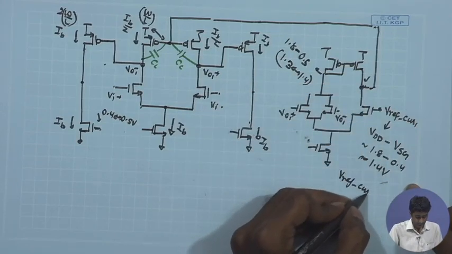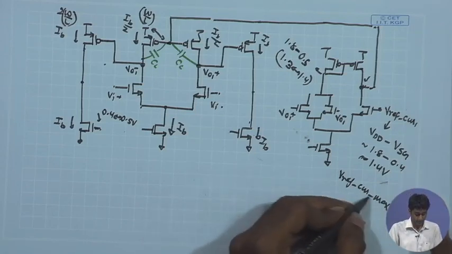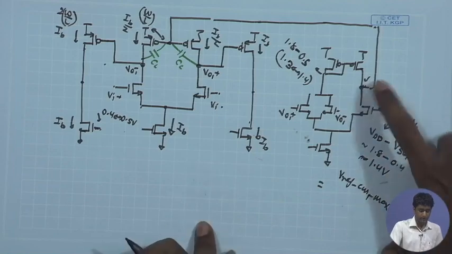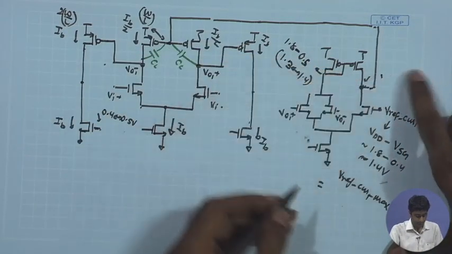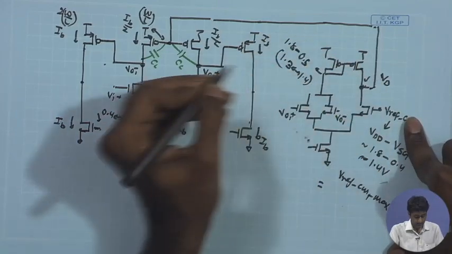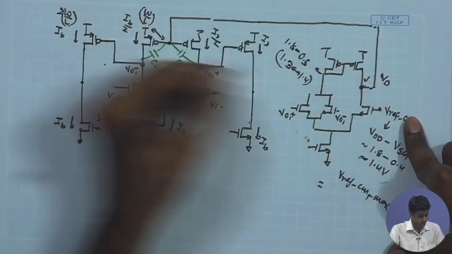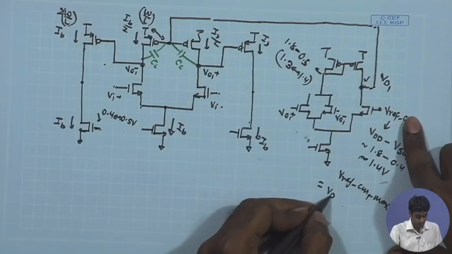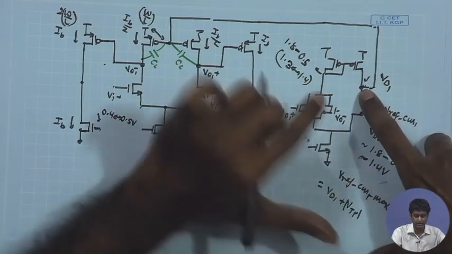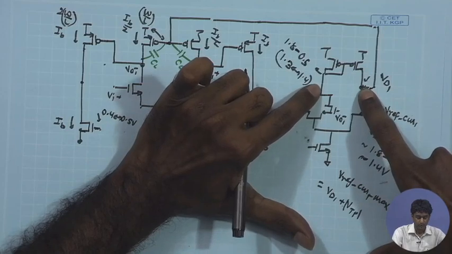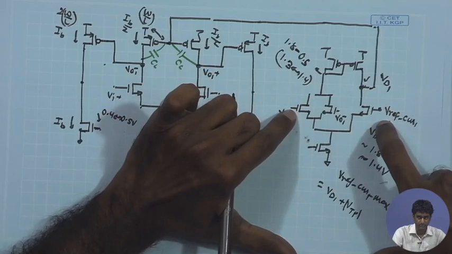So, the Vref CM max, if I want to find out what is the maximum allowed value of Vref CM that you can have, Vref CM 1 max, that is going to be given by, let me call this Vd1 plus mod Vtp, because if I assume that under DC condition you are having certain Vd1 over here, the maximum common mode level that you can have at the input is going to be equal to that Vd plus mod Vtp.